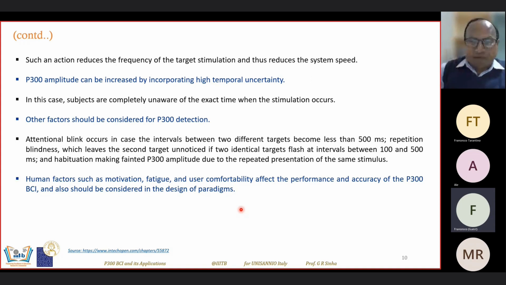So what is important is the paradigm. In the P300, the most important thing is the paradigm.